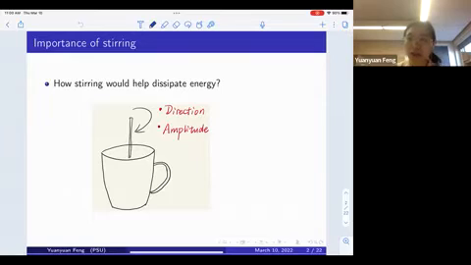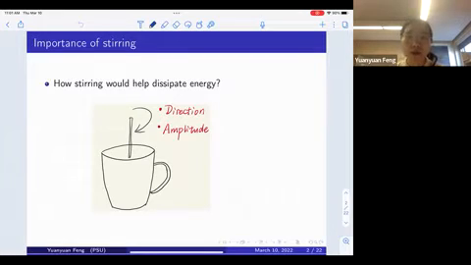So let's look at a simple example in our daily life. Suppose we want to add some milk into a cup of coffee. To help the milk and coffee mix well, we usually use a stirring stick to facilitate this process. So what would matter in this process?